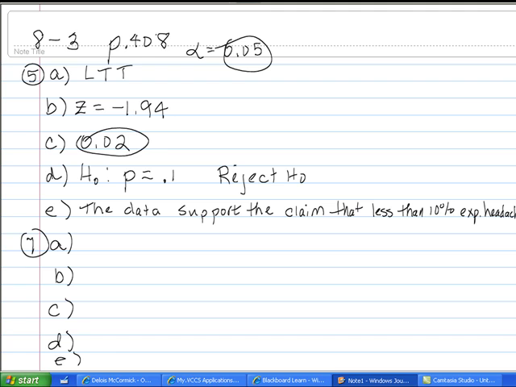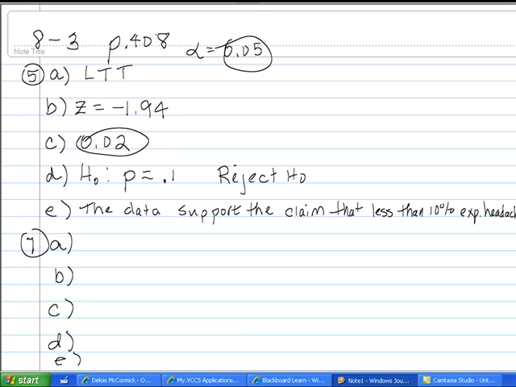Okay, in number 7, we have a StatDisk printout. Since the calculator and StatDisk are the two technologies we use, that's why I chose numbers 1 and 5 and 7. Number 7 says, brand recognition.